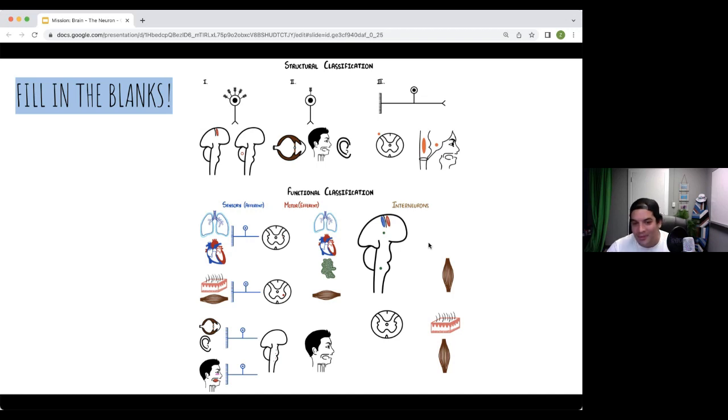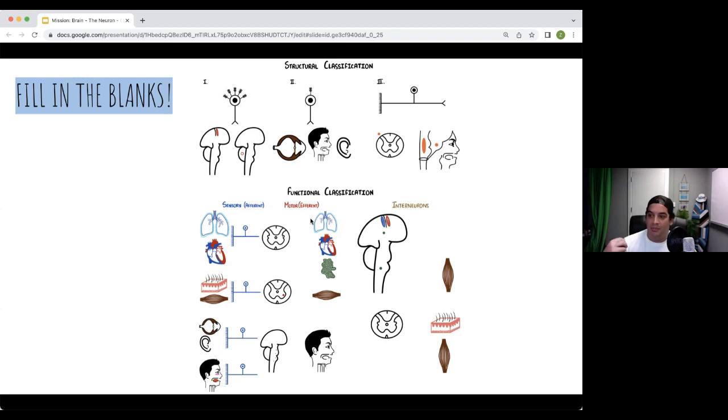So this is a pretty interesting way that we can classify neurons structurally. However, in the real world we more commonly classify them functionally. You have three ways of classifying them functionally, and it's simple. They either pick up signals, whether it's a pain signal, some type of agitation of the skin tissue, or sensory information from your tongue, your ears, a muscle, a tendon, a joint, or your visceral organs, and tell your central nervous system about that. That's the sensory neuron, or an afferent neuron, meaning it's going to the CNS.